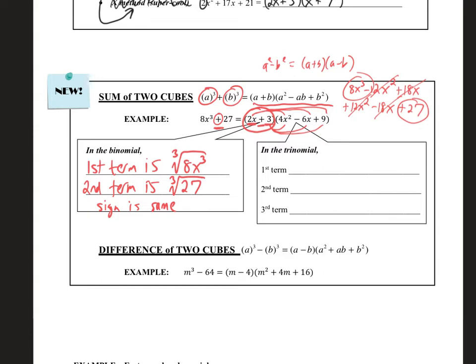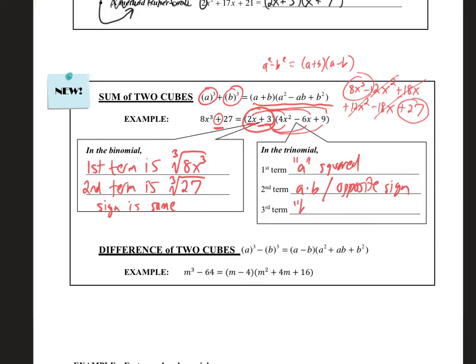In the trinomial, which is the second half of this, the first term is going to be a squared. The second term is going to be a times b with the opposite sign.